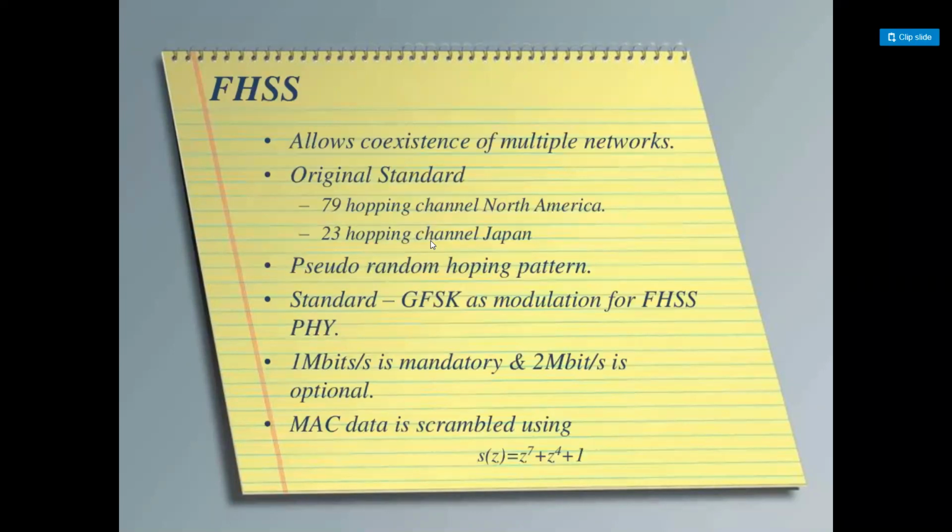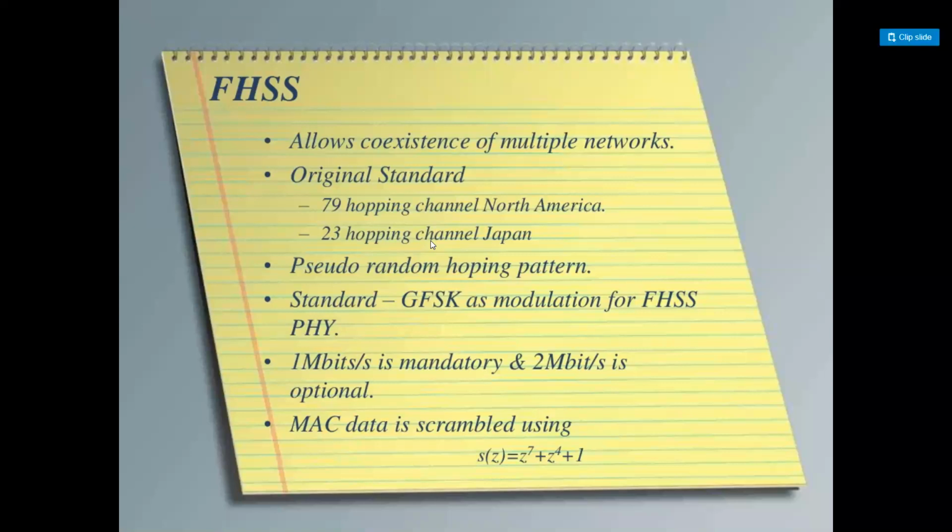Coming to FHSS, that means frequency hopping spread spectrum, its responsibilities: it allows coexistence of multiple networks, so that means it can use multiple networks. Coming to the standards, it is 79 hopping channels in North America and 23 hopping channels in Japan. These are the original standards.